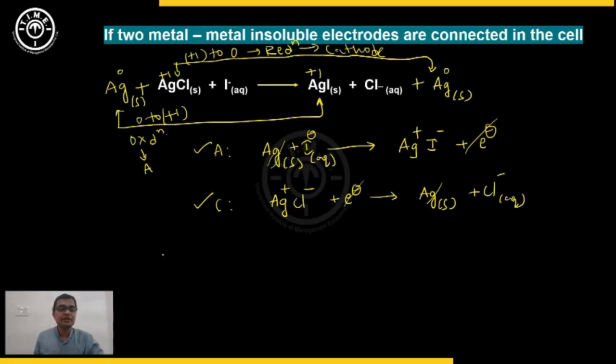Now the cell notation. These two are insoluble metal electrodes, one is the cathode and another one is the anode, so the anode goes on the left hand side.